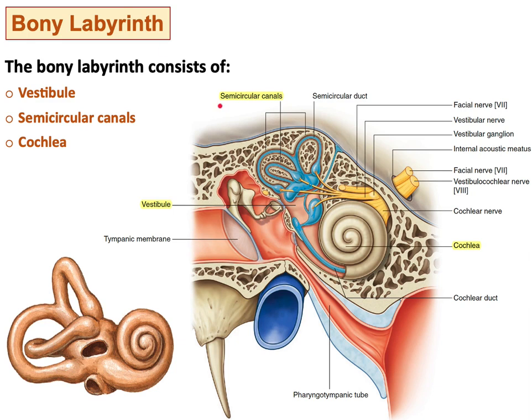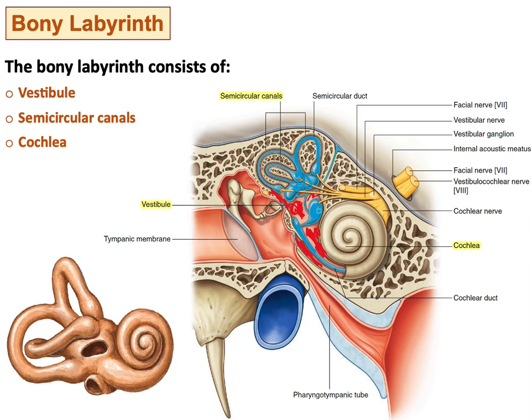But as I mentioned, in the bony labyrinth there is also a fluid surrounding and suspending these membranous parts. This is called perilymph. That's what I'm drawing. This is the perilymph located here and everywhere, but not inside the membranous labyrinth. The fluid inside the membranous labyrinth, in these ducts, is called endolymph.